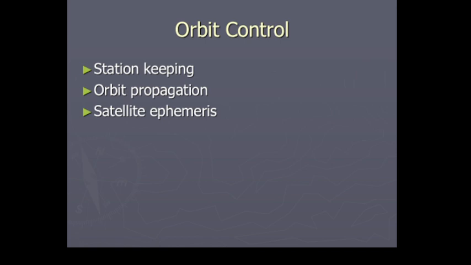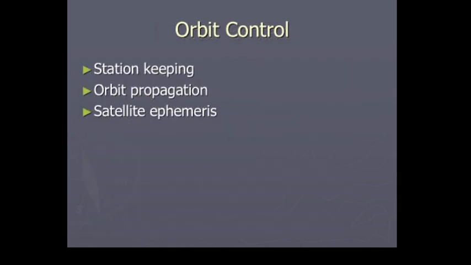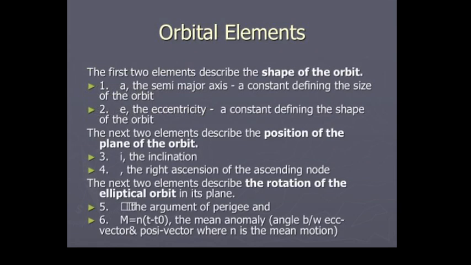Based upon these 6 element values, we can follow the satellite's position in the orbit, and predict and correct whenever required. When it deviates from its reference, corrections are applied so that you can bring the satellite back to its original position. So based upon these 6 elements, we can predict the current position of the satellite in the orbit.